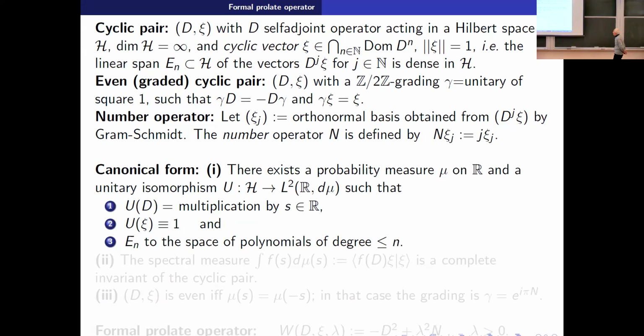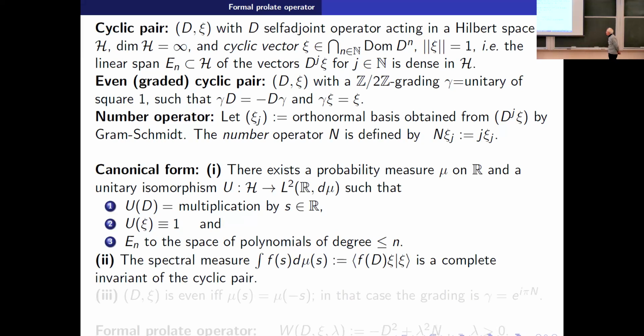First of all, this transformation U sends D to multiplication by S. S is the running variable on the real line. It sends the cyclic vector psi to the unit 1, and it sends the E_n, of course, to the space of polynomials of degree less or equal to n, because D went to S.